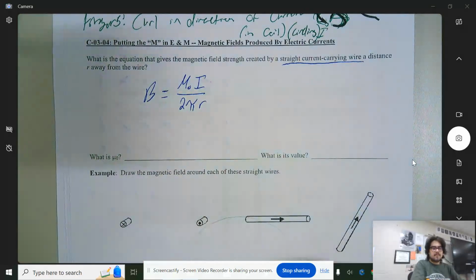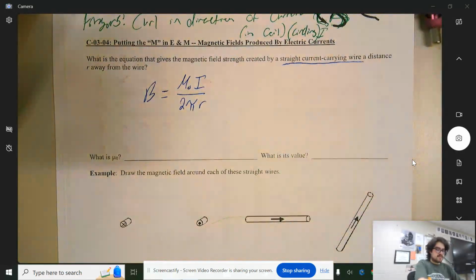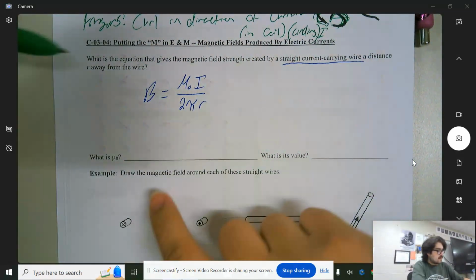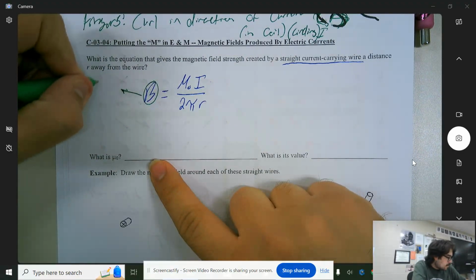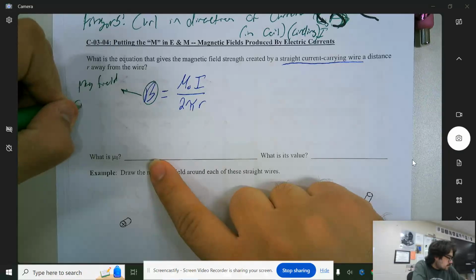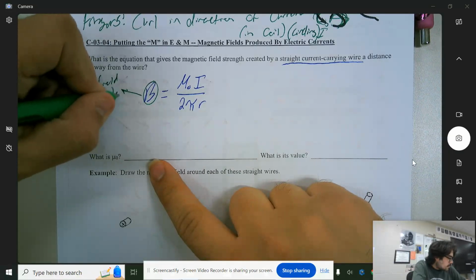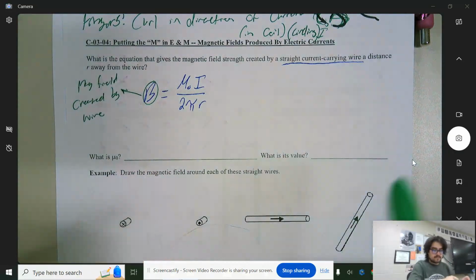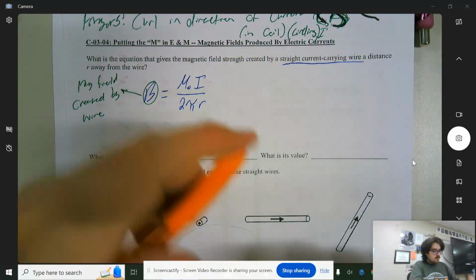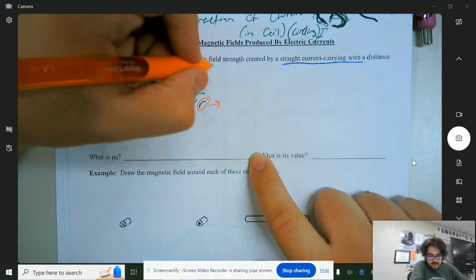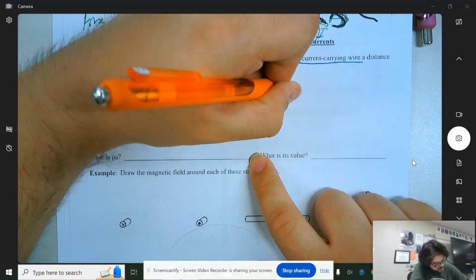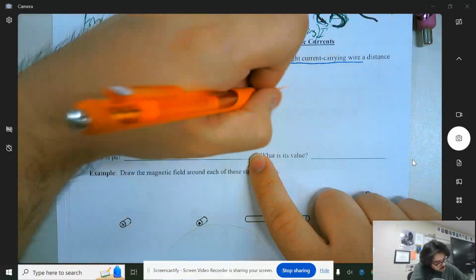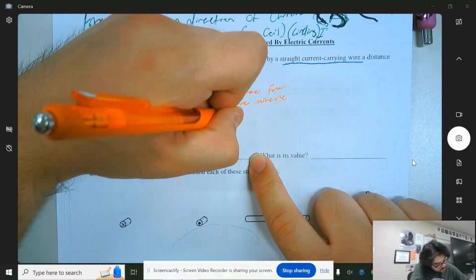And what does everything mean in the context of this equation? B is the magnetic field created by the wire. R is the distance from that wire, that's where B is being measured.